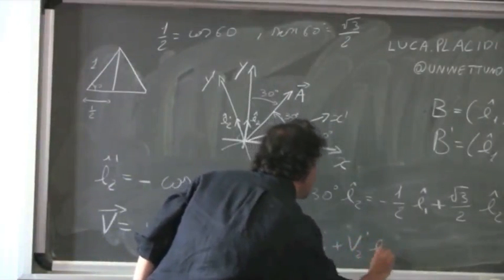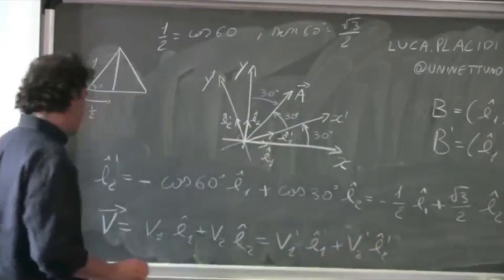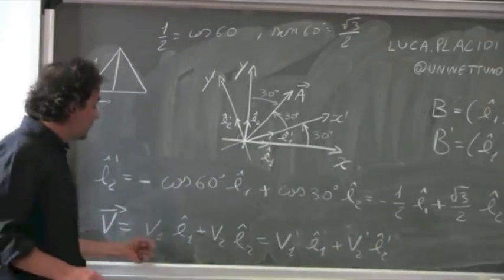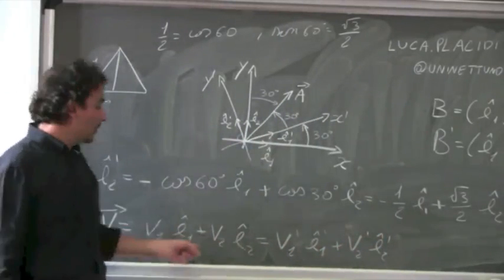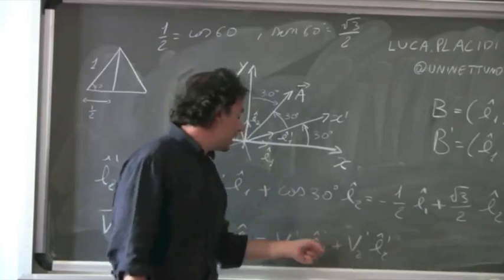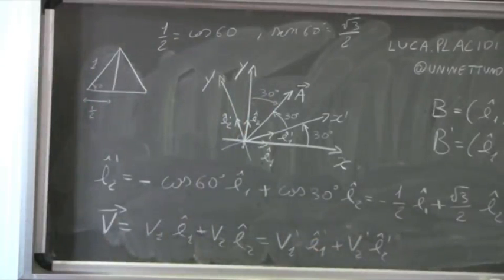So the same vector has the column V1, V2 in the basis E1, E2, or the column V1 prime, V2 prime on the basis E1 prime and E2 prime.